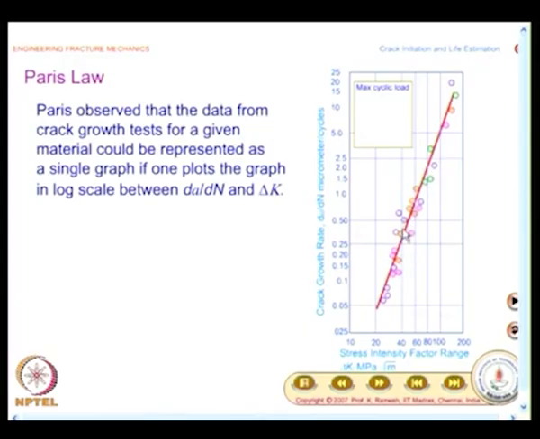So, whatever the data of the individual crack growth curves, all of them could be fitted if you choose the x axis as delta K, which is the stress intensity factor range, and the y axis as crack growth rate given by dA by dN.